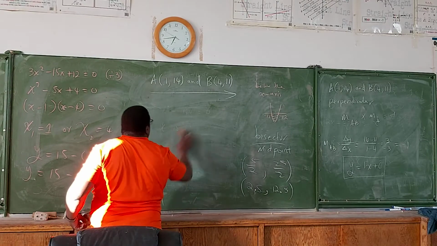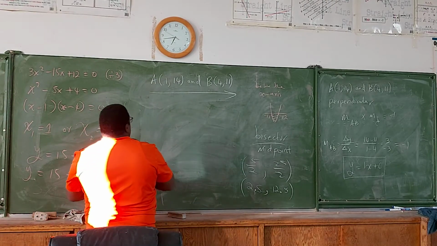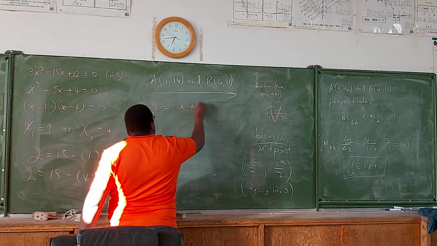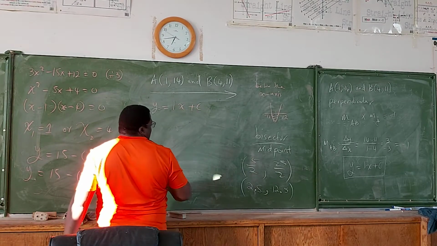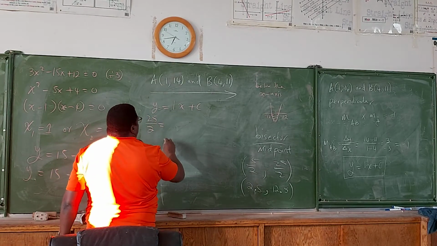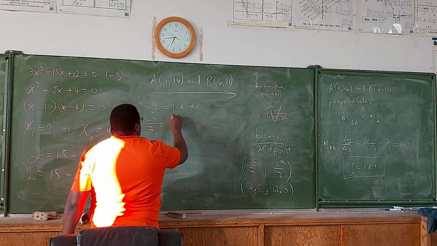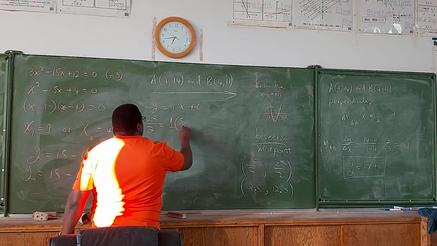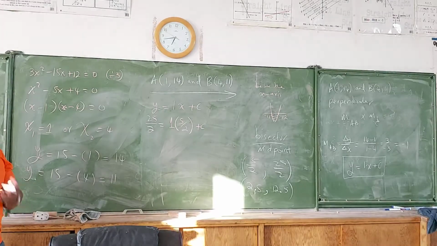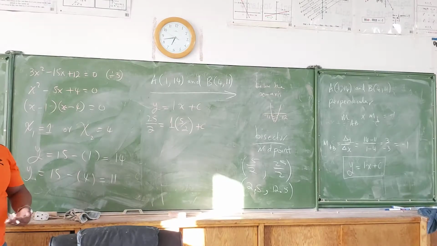So in order for us to find the equation, we are going to say y equals 1x plus c. So we're going to use the point 2.5, 12.5, or we say 25 upon 2 equals 1 times 5 upon 2 plus c. The reason why I want it over 2 is because it's easy to subtract with a common denominator of 2.